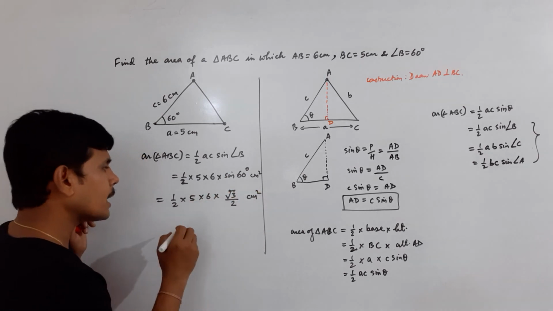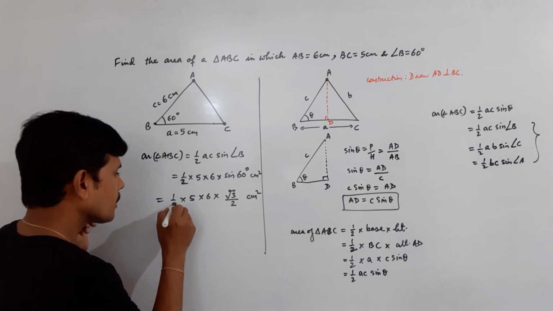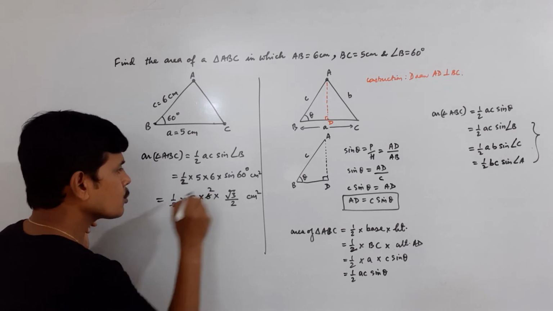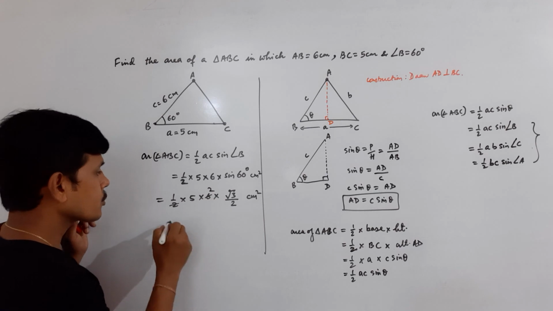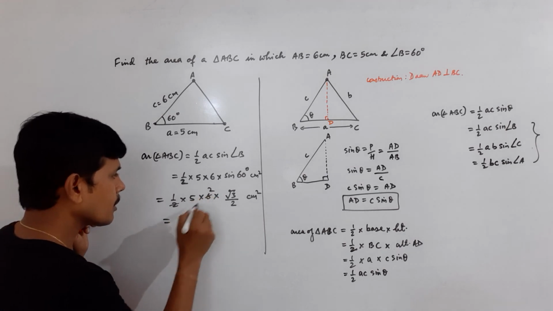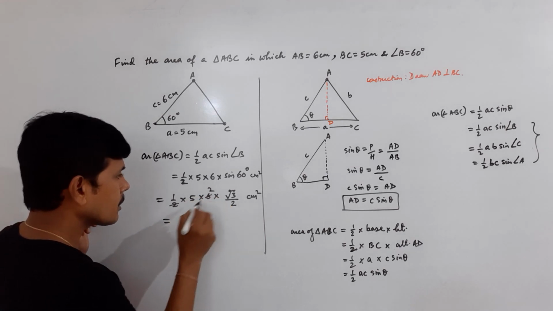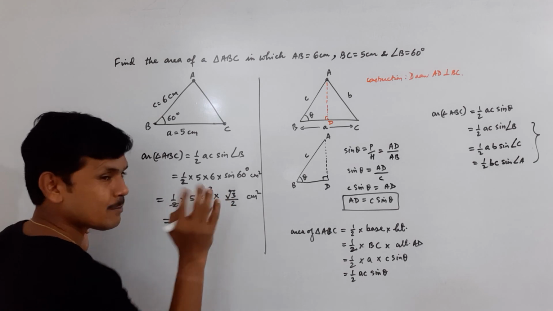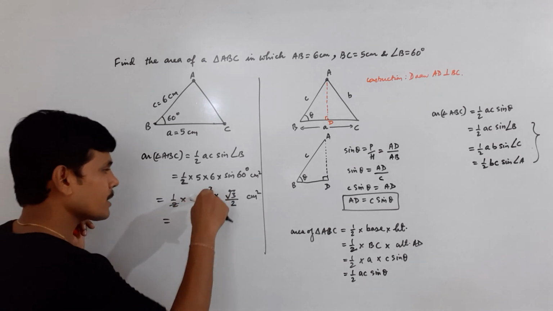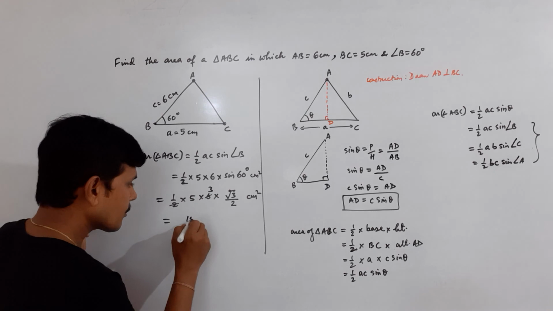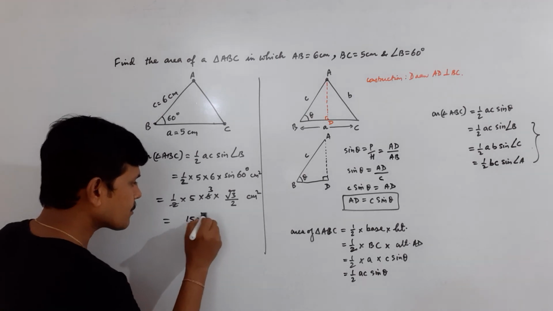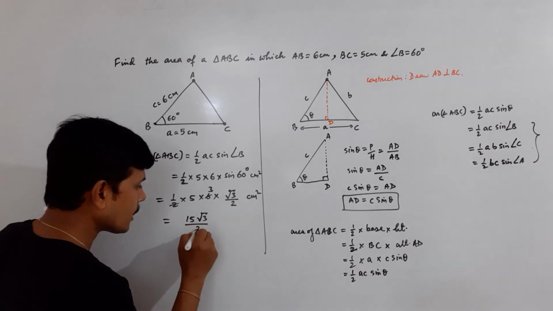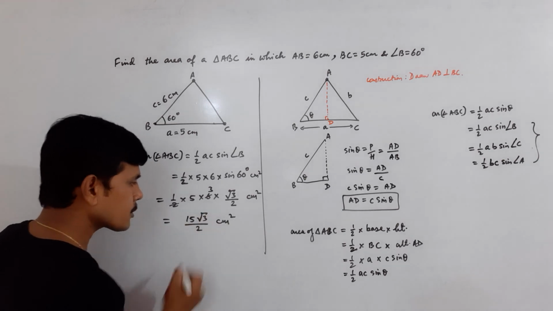Now we can eliminate it. 2 times 3 is 6, so we are left with 5 times 3. Now this is 15 times square root of 3 divided by 2 centimeter square.